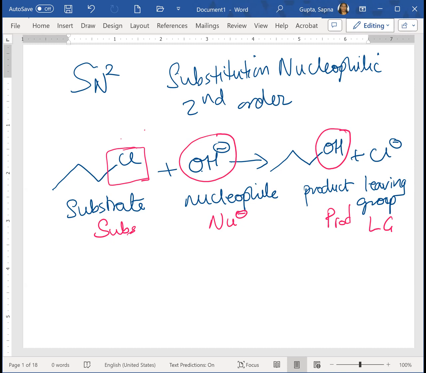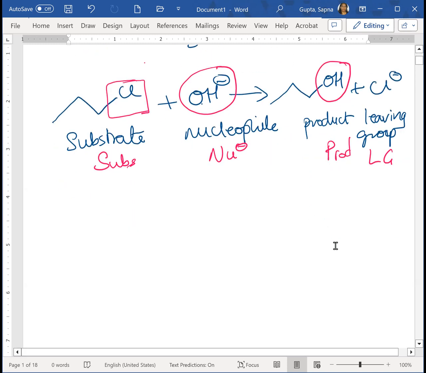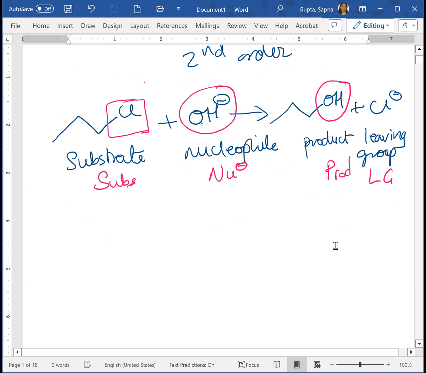So the product has the nucleophile. When you do reactions, you have to figure things out, like what is the nucleophile and what is the leaving group and all of those kinds of things. And I know you will become comfortable, but I'm just saying that you have to be able to identify these things. So the first thing is terminology.